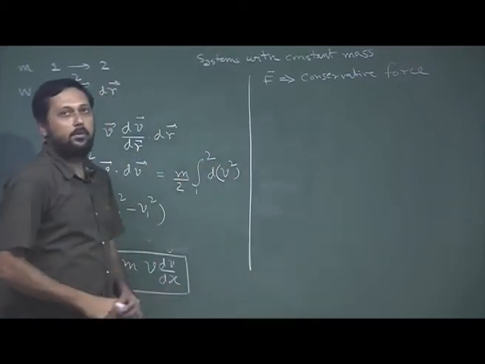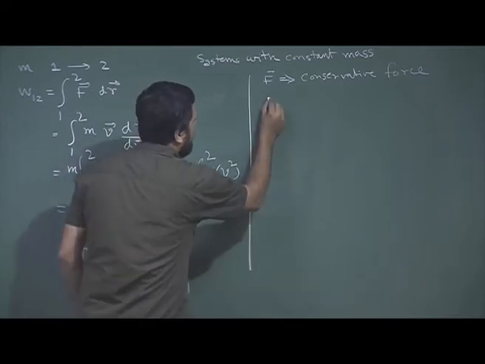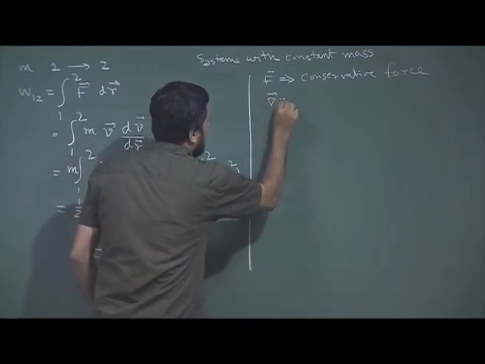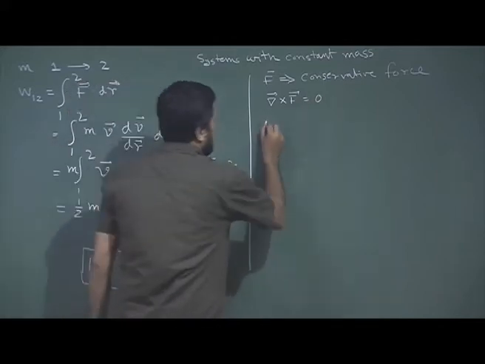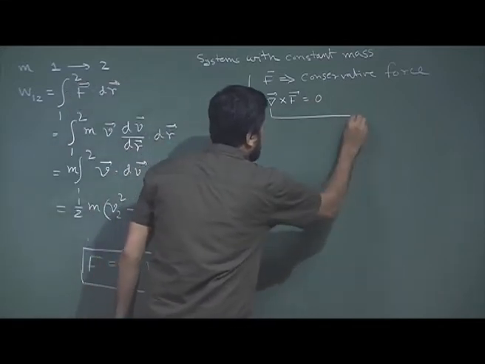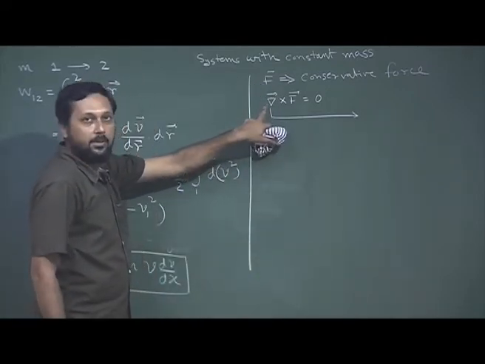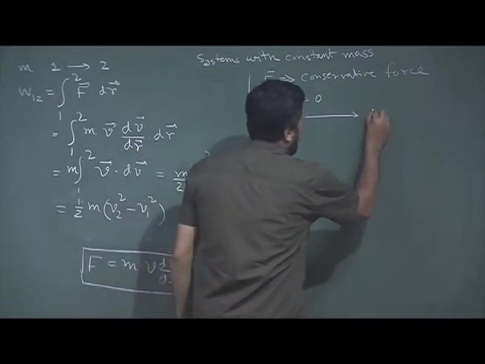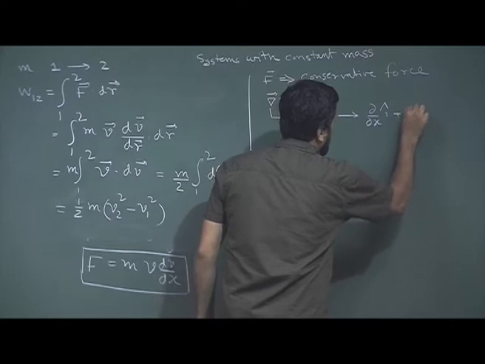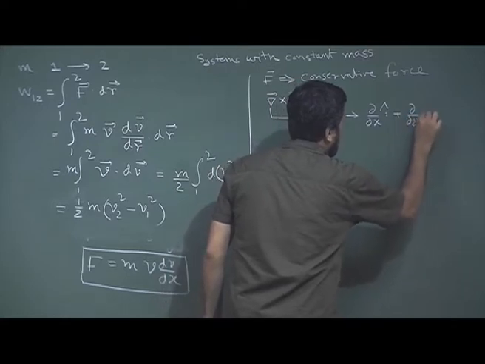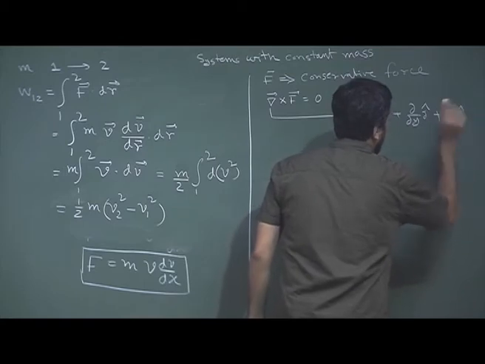According to the definition of conservative force field, we know that for any conservative force field, curl of F is equal to 0. I am sure that you are familiar with this particular operator. It is the del operator, and it is written as del x i cap plus del y j cap plus del z k cap.